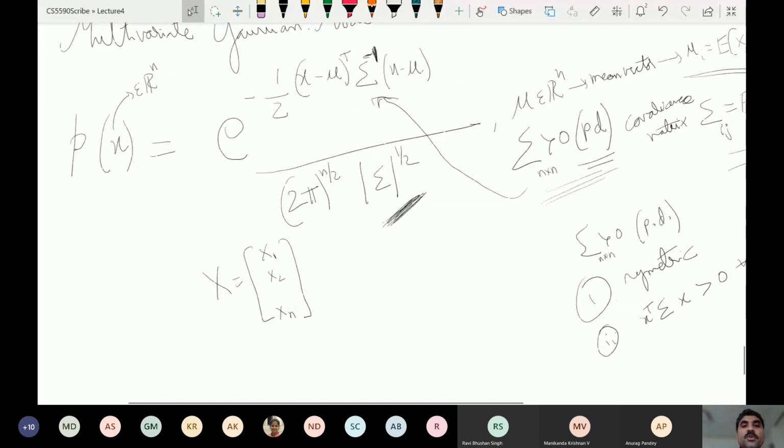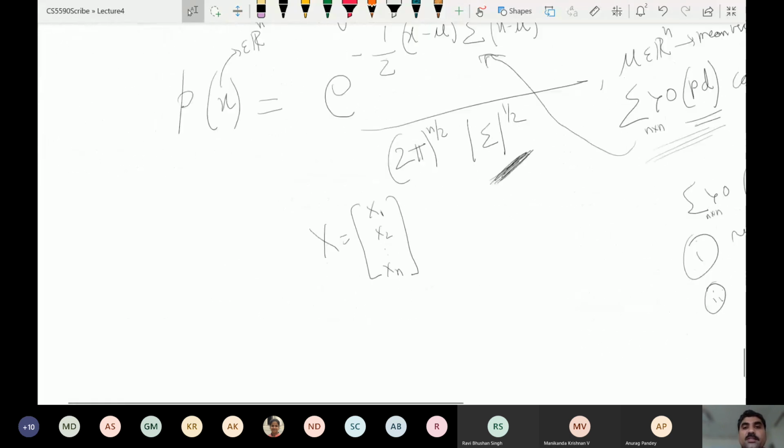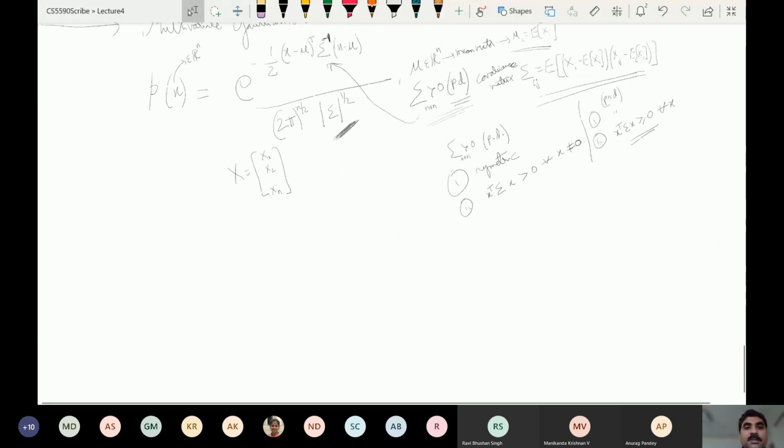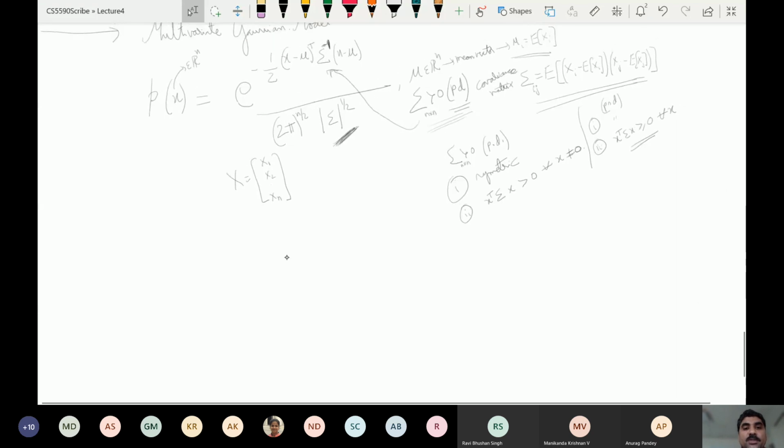Some of you may have seen these figures also, right? So let me try to help you visualize how the distribution will be. It is difficult to explain from a remote location, but I'll try to do my best. Suppose this is the x1 axis, this is the x2 axis. I'm talking about the n equal to 2 case.